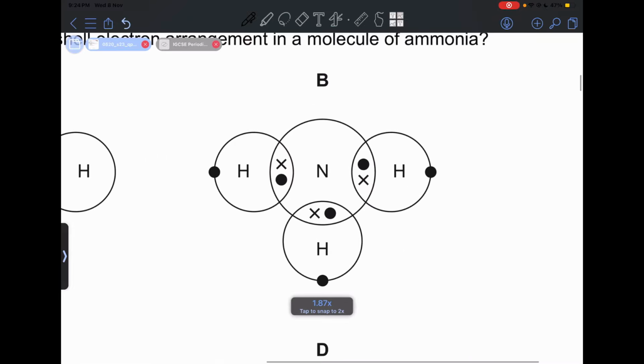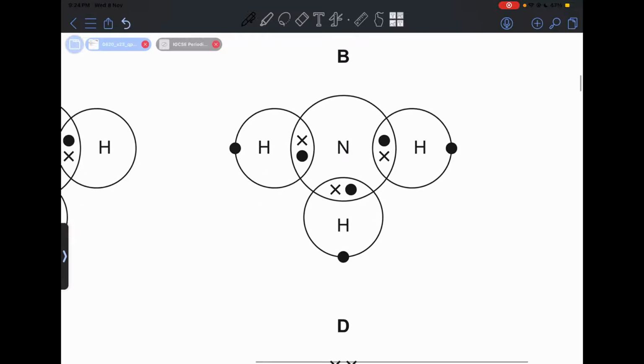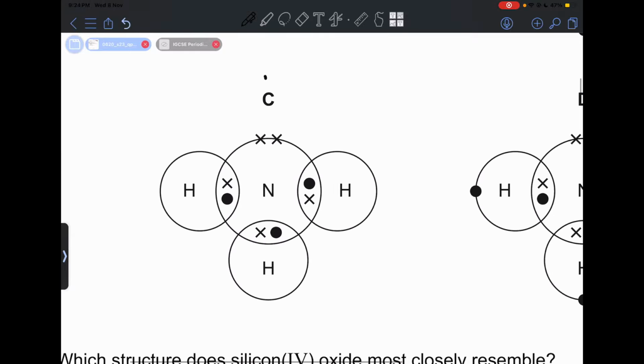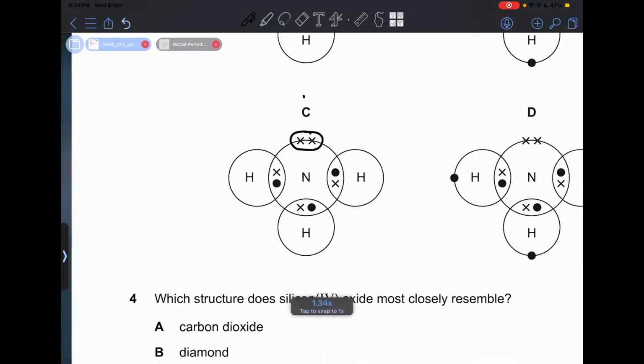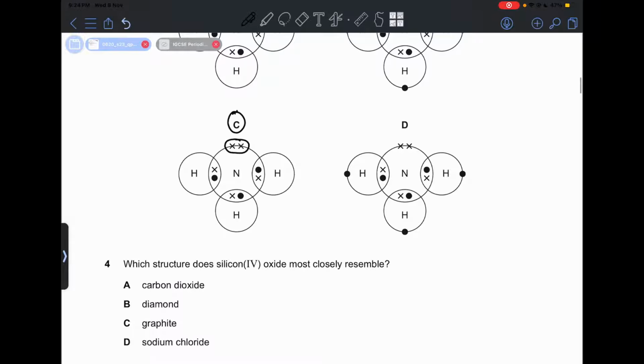B over here shows that the hydrogen has more than 1 electron, and we know that the hydrogen only has 1 electron, so this is also incorrect. C over here shows that the nitrogen has 8 electrons because there's 2 more added electrons. This makes it 8, and the hydrogen only has 1 electron. This is a correct diagram, so our answer is going to be C.